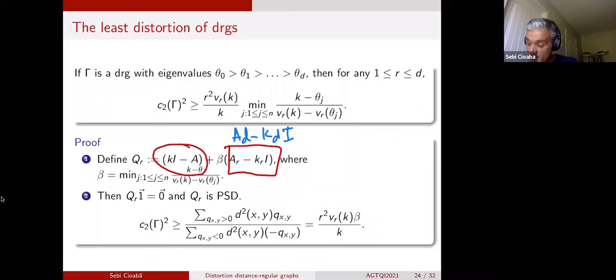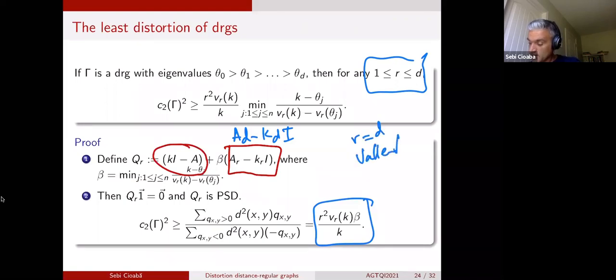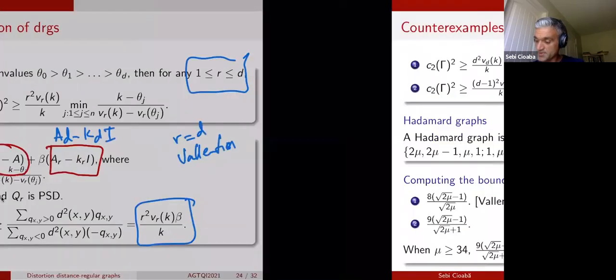So if you take any r between 1 and d, and you take this matrix Q_r, you can do the same proof as Valentin did. And clearly Q_r has row sum 0 and is positive semi-definite. And you get this lower bound here. When r equals d, this is the same as Valentin. But r could be d minus 1 and could be smaller. It could be some other value. So let me show you what happens here.